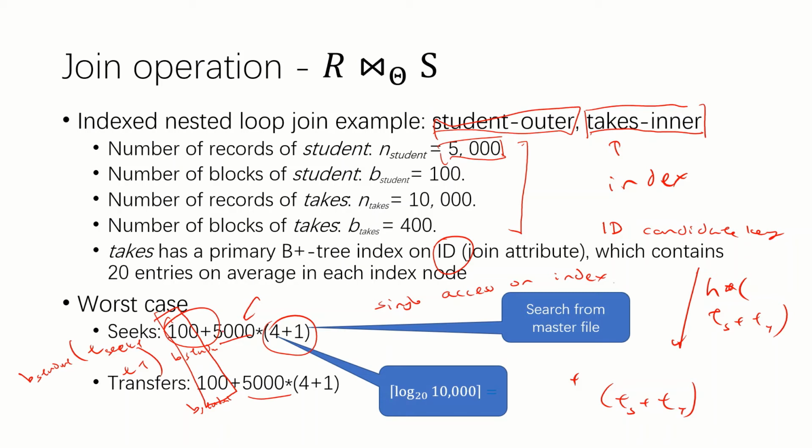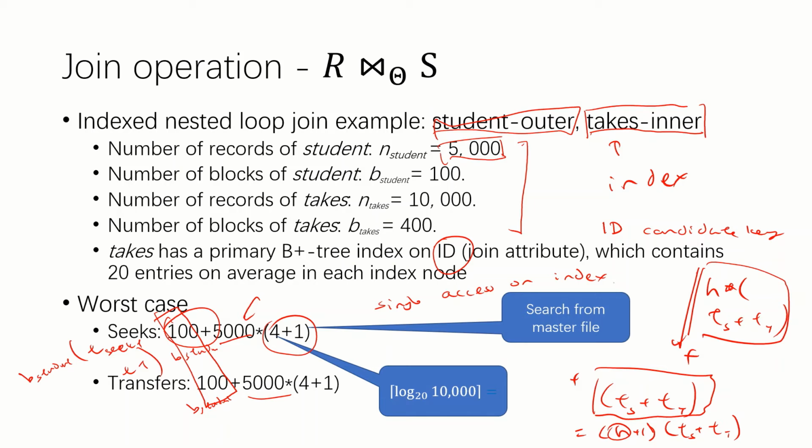That is why for every single time I need to do H plus 1 times TS plus TT. So it will be this amount plus this amount, which gives me H plus 1 times TS plus TT.